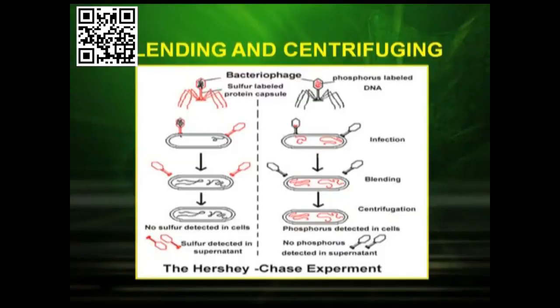On the other hand, they found S35 radioactivity in the supernatant. The following diagram clearly shows the two experiments performed in parallel, in which they used P32 in one and S35 in the other. The supernatant shows S35. On the other hand, the pellet shows P32.